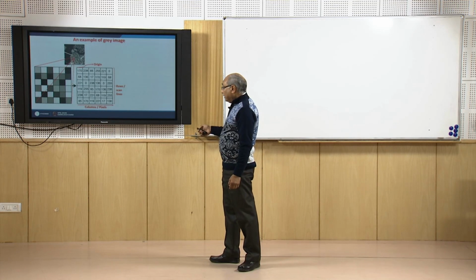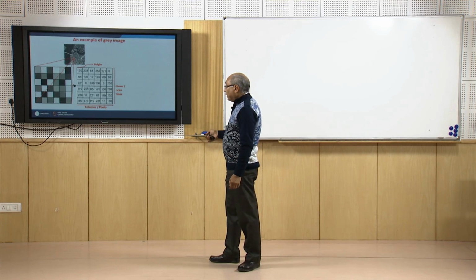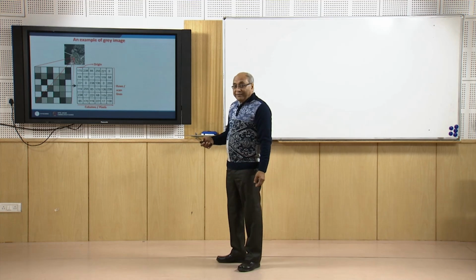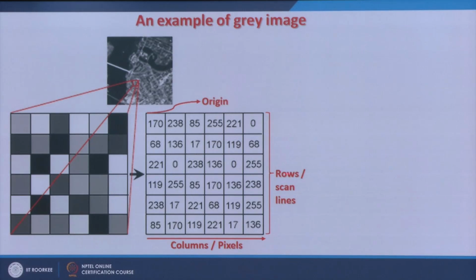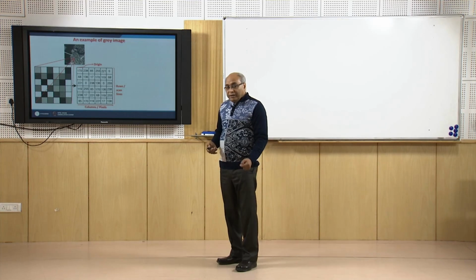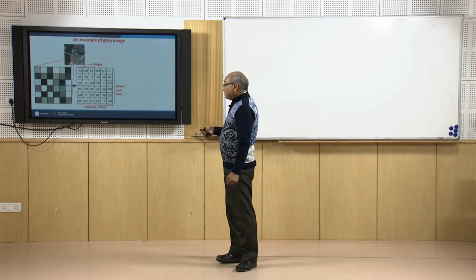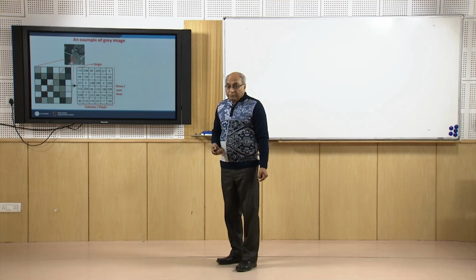In digital image processing, in our two-dimensional matrix concept, we call these the columns and these the rows, also called scan lines, and each cell a pixel. Another very important thing to note is that the origin of a digital image is always considered from the top left.